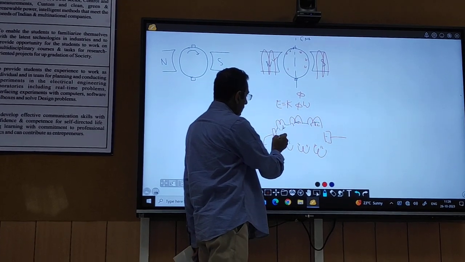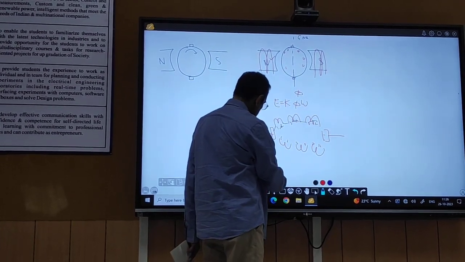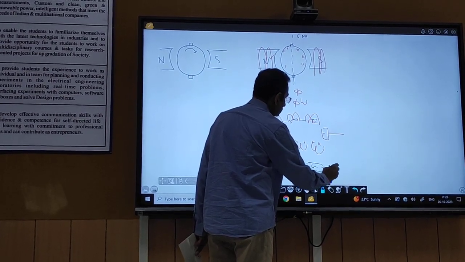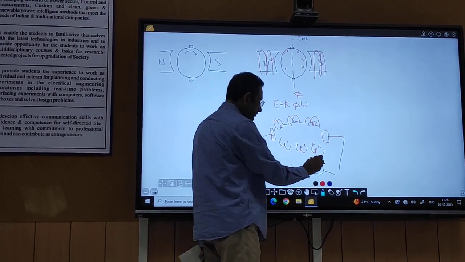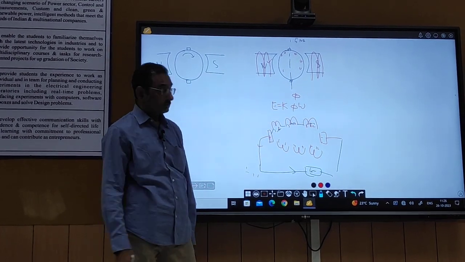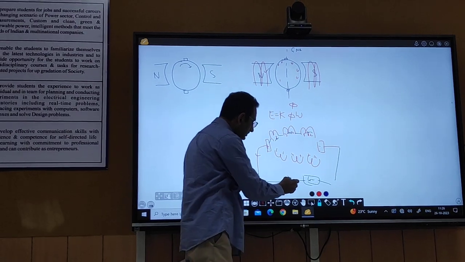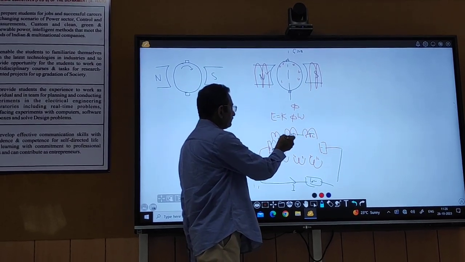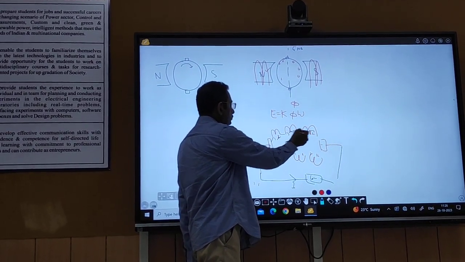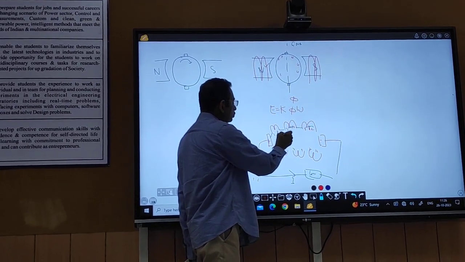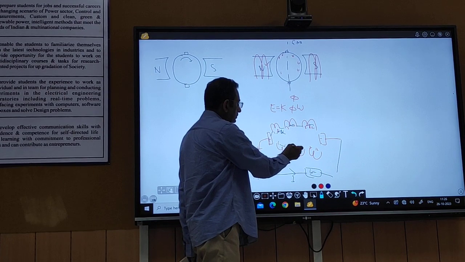And this is the positive brush. It is a generator, so you can say there is a load. The load takes whatever voltage is produced, and depending upon the load there will be current. This current I comes from here. Say here this current is I, so you can say this is I by 2, and this is I by 2. From here also current is coming.